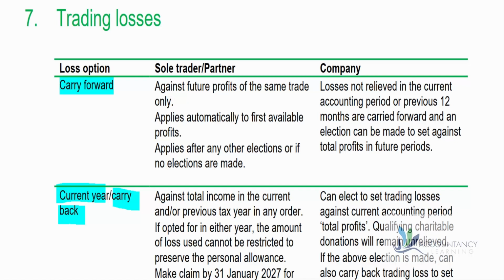But we do need to be aware that if we apply it against the current year or we carry back, then it means we may lose our personal allowance. So we saw earlier on, didn't we, that for the company they may lose their charitable donations, and the same applies here, that if we want our tax refund, if we want our cash back quickly, then we may lose personal allowance.